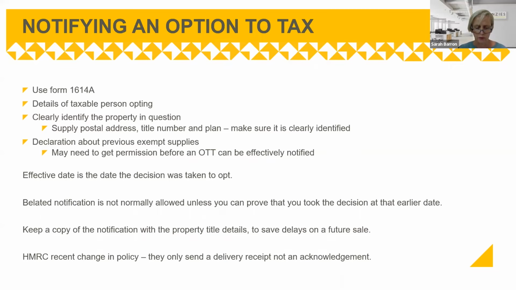The form only asks you to give the postal address. It gives you the option to give the title number and submit a plan as well. But the more information you can give when you are notifying that option to tax, the easier things will be down the line. We know that title numbers can change and postal addresses, it's not unfeasible.